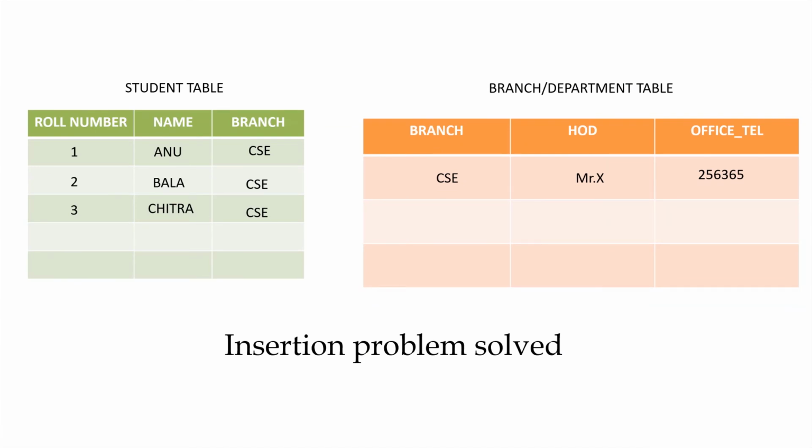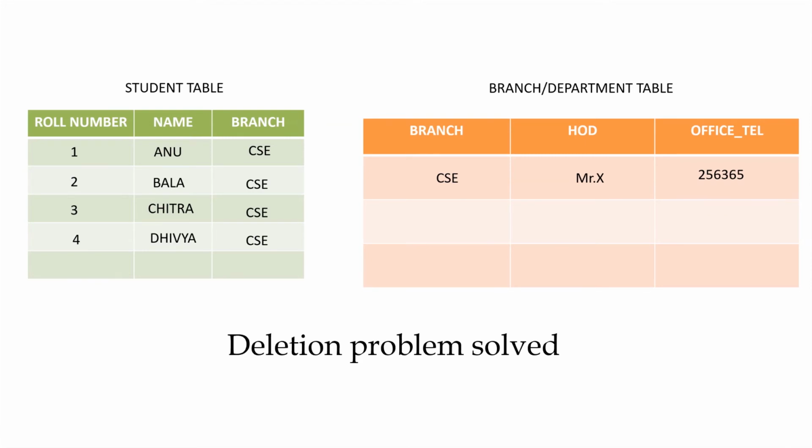Now, I am maintaining two different tables like student table and branch table. In the student table, I am inserting values like 4, Divya and CSC. For these details, I am having only one entry in my branch table. Okay. So now next is the deletion problem. In the previous case, if I tend to delete the values of the student information, all the branch information is also deleted.